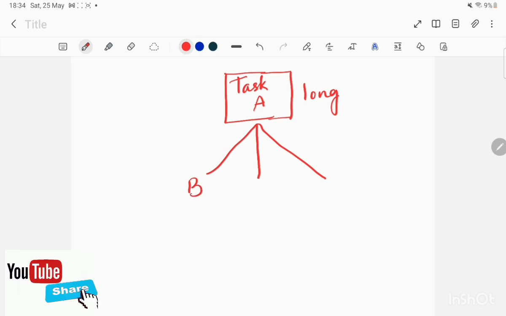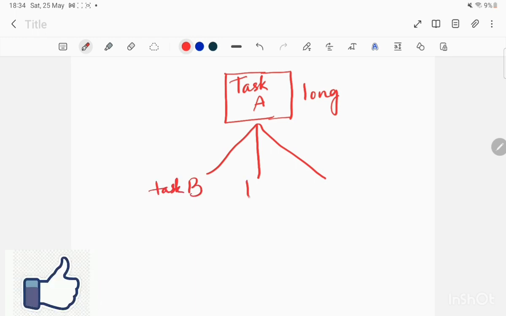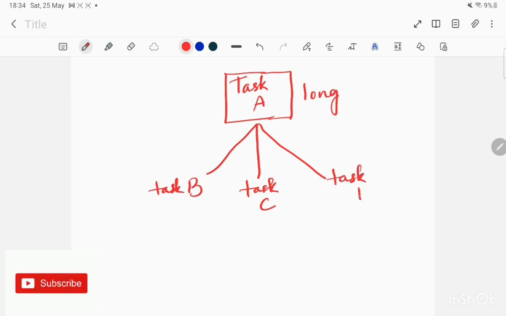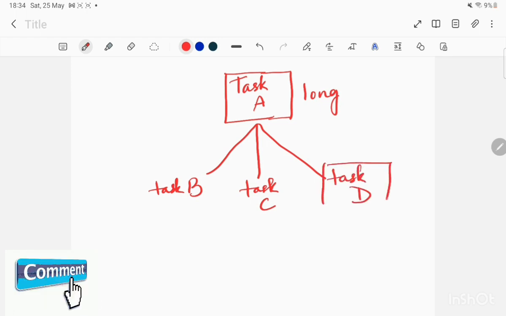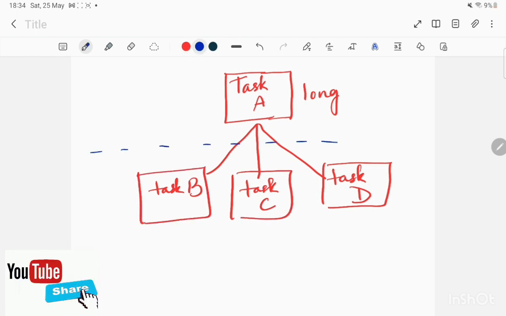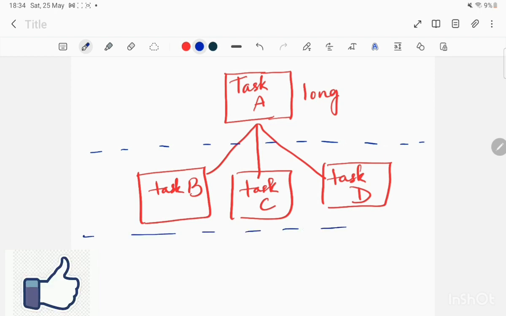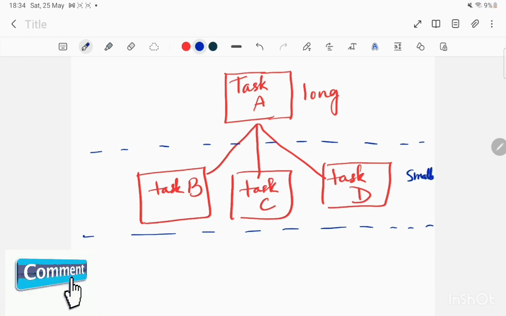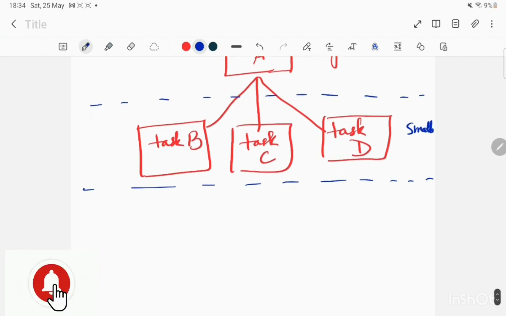So this is task B, this is task C, this is task D. So in this particular layer, these are small tasks.